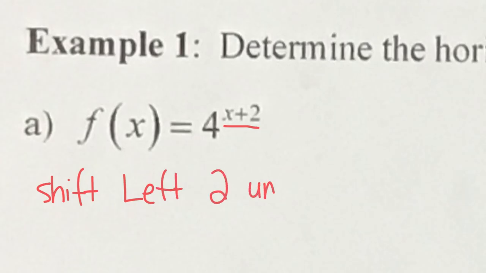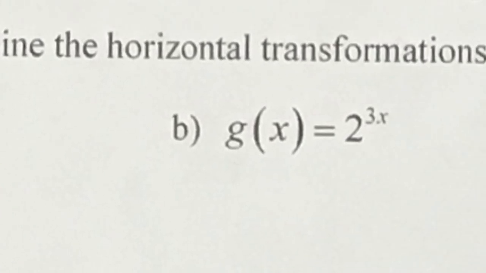The x plus 2 in the power is a left 2 unit horizontal shift. It's always opposite. Usually these are with parentheses, but we don't often put parentheses in an exponent. So the 4 raised to the x plus 2 power is a horizontal shift left 2 units.